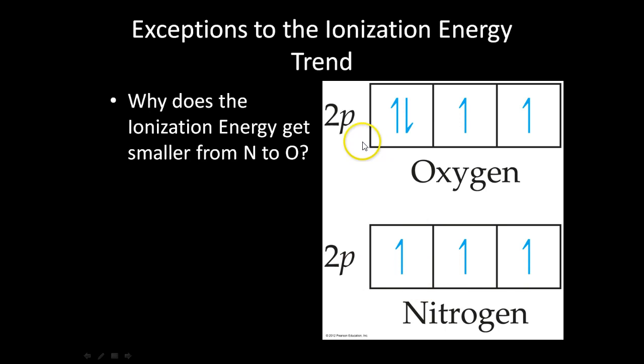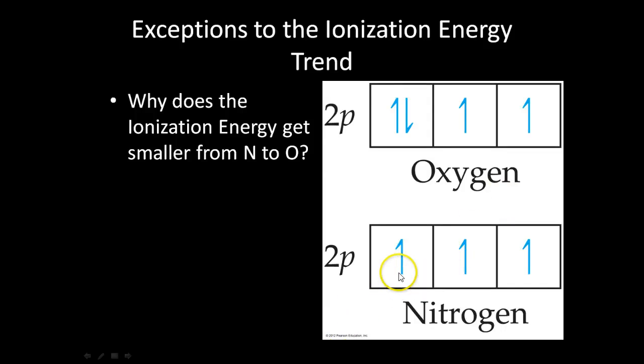If you remove an electron from oxygen, you are moving from a slightly more than half-filled subshell to a half-filled subshell. Whenever you move to a half-filled or fully filled shell, there's a decrease in energy, and that means it's more likely to happen.